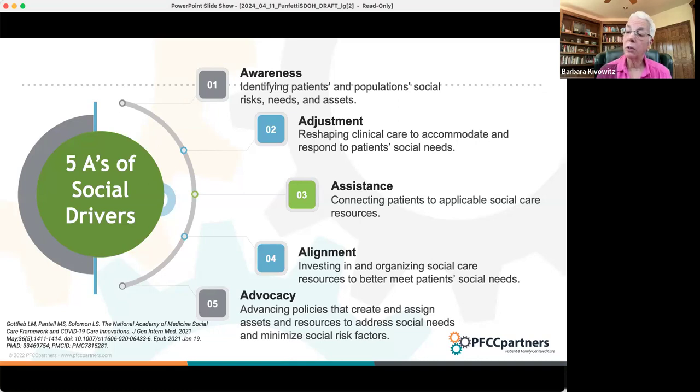I'm on the board of an organization called Community Living Campaign. And one of the areas that we have become aware of that isn't per se a social driver of health, but it underlies it, is the great technical divide, you know, between those who have easy access to internet and to devices and those who either don't have access or don't know how to use it, or don't speak English.